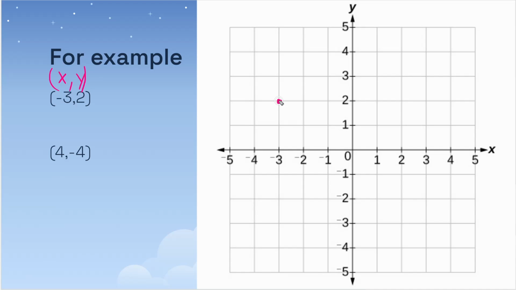So this right here is -3, 2. 4 would be right here, and -4 would be right here. So this is the point 4, -4. And this one is -3, 2. And that is how you graph coordinates on the coordinate plane.